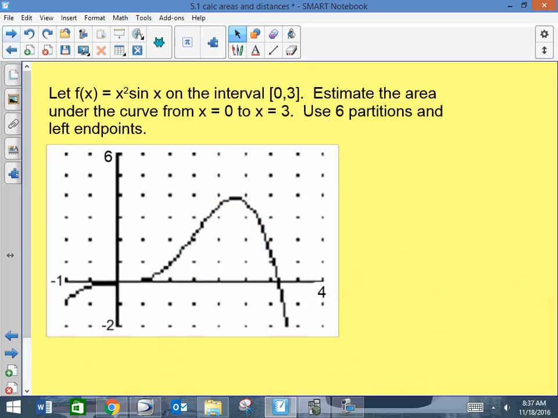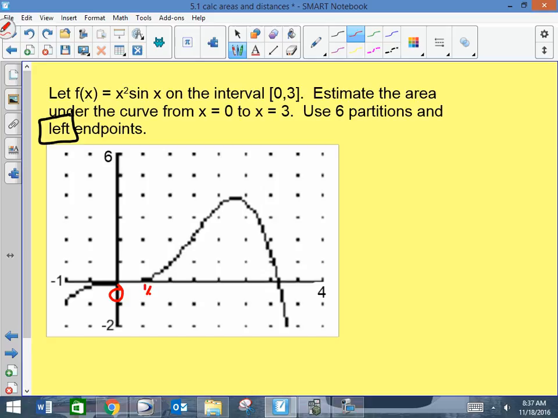Okay, so we're going to do the same thing, except now this time we're going to use left endpoints. We're still going from 0 to 3. We're still doing 6, so that's still half for the change in x. So we're going to do 1/2, 1, 1.5, 2, 2.5 to 3 again.